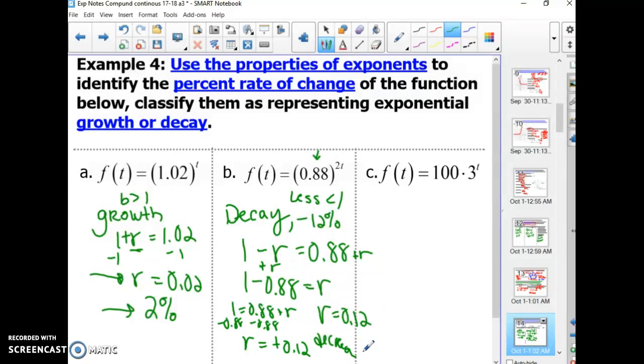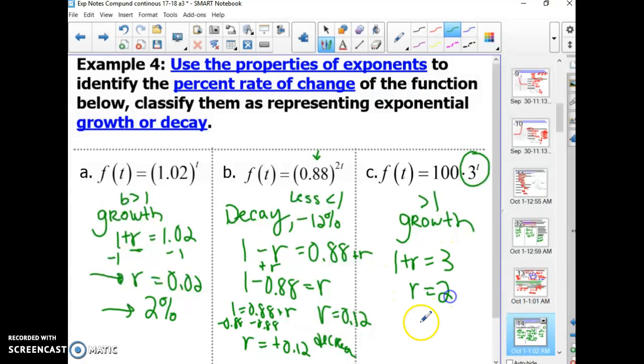On my next one, my b value is 3, so I'm tripling each time. It's bigger than 1, so I know I'm dealing with growth. Since I'm dealing with growth, 1 plus my r value is equal to 3. What value do I need to add to 1 to get myself to a 3? r is equal to 2. So I'm increasing this one by 200%.